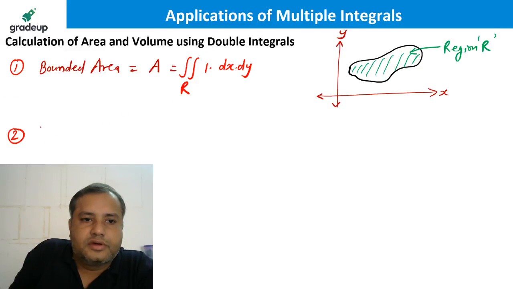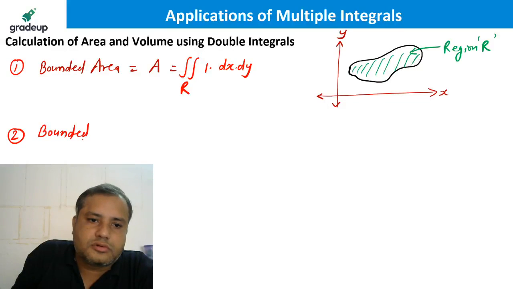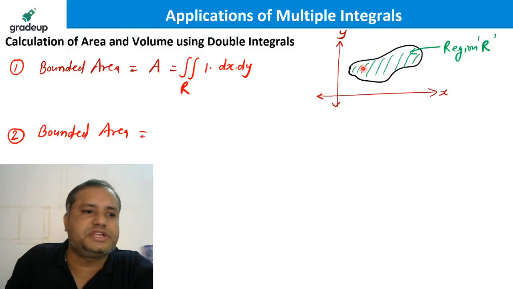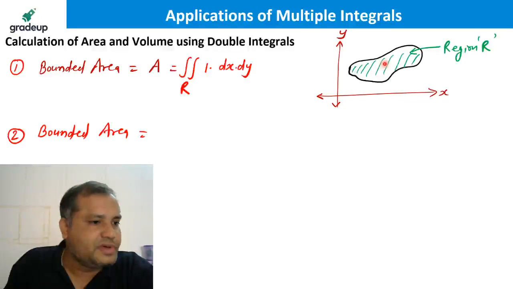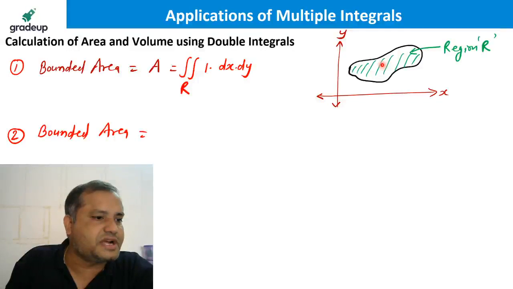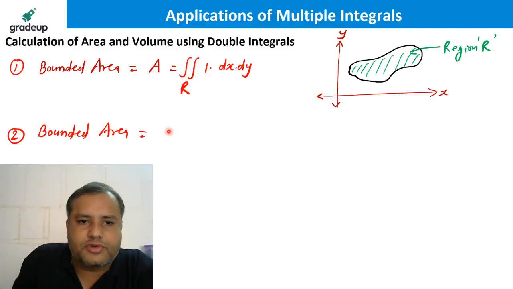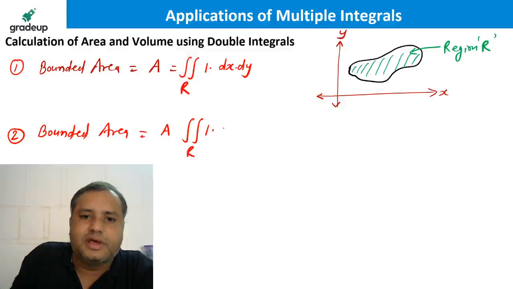Now, if you have this region represented in polar form, then you can convert this entire region into polar form. So what is the conversion for dx dy in polar form? In polar form, the conversion is r dr d theta.